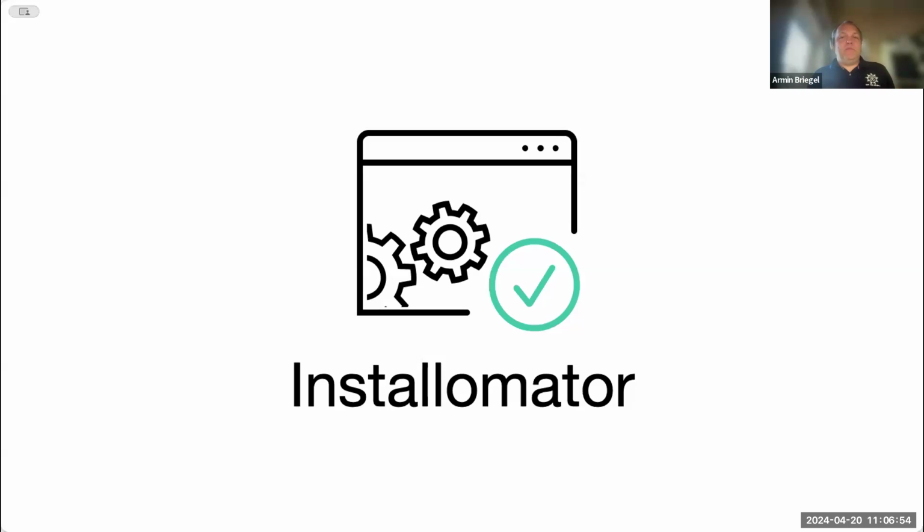My name is Armin Briegel. You might know me from the website Scripting OS X and its new spin-off, macadmins.news. I have spun off the regular weekly newsletter into its own website, and that's been working out quite well. So if you're suddenly missing your weekly newsletter, you might have missed the move to macadmins.news. Check that out.